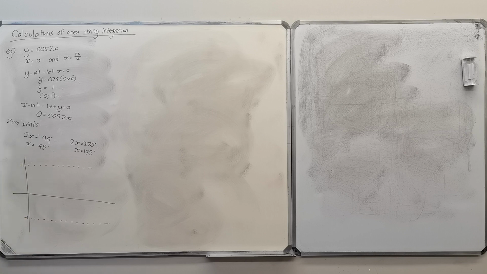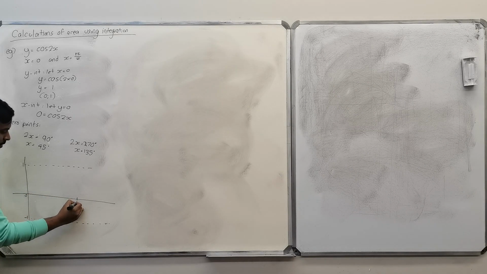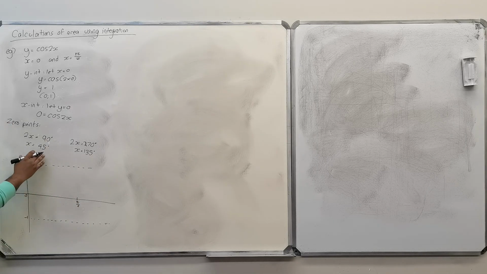Anybody confused with that picture? Okay, you're drawing from 0 to pi over 2. Your 0 point is 45 degrees. That's pi over 4. 180 divided by 4 is 45 degrees.